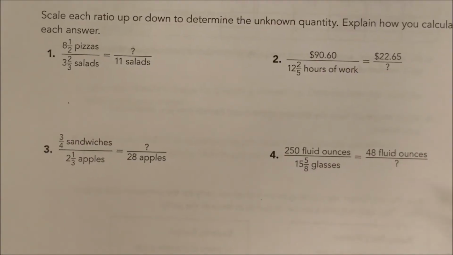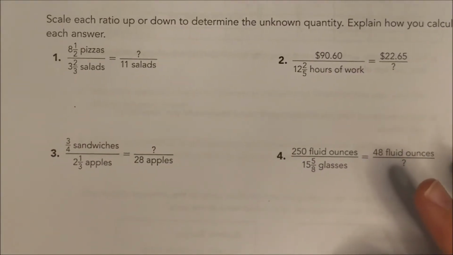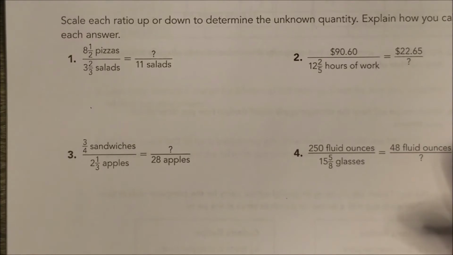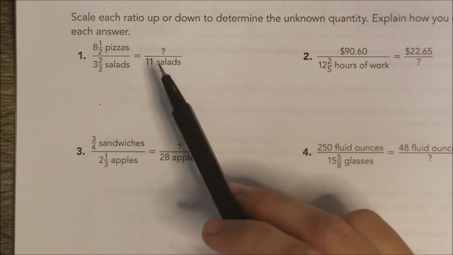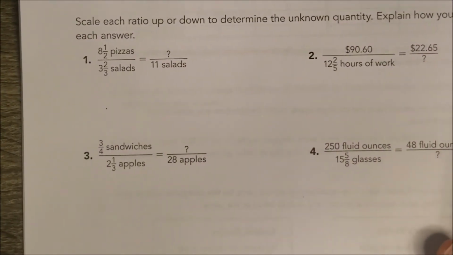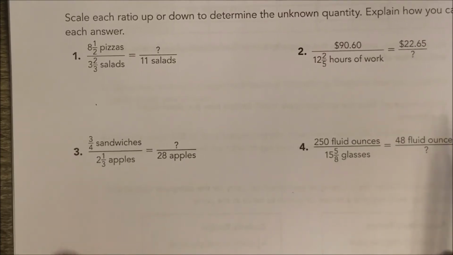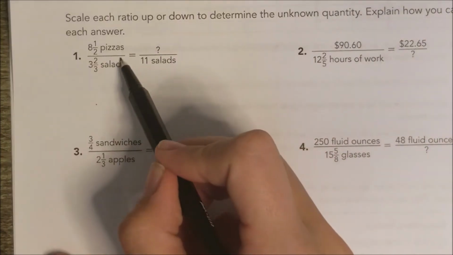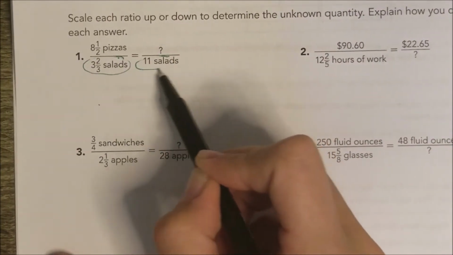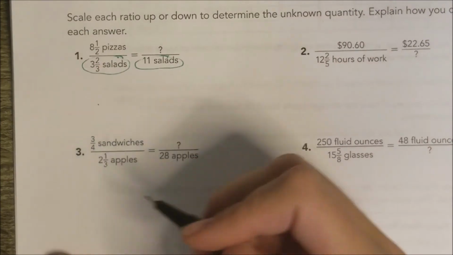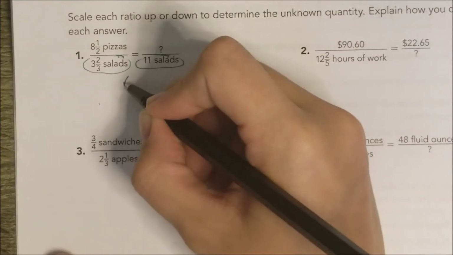Flip the page. So now in these problems, we're either going to be multiplying or dividing by something to figure out the missing value. So what we talked about, if we're reading from left to right, if the numbers are going up, then we're multiplying, and if the numbers are going down, then we're dividing. So looking at number 1, my 2 values, it's going up, so I'm multiplying.